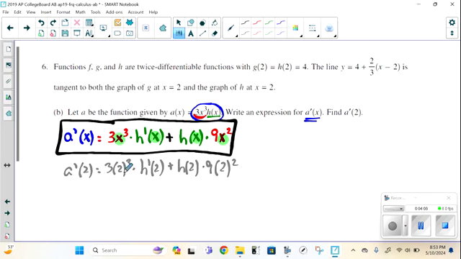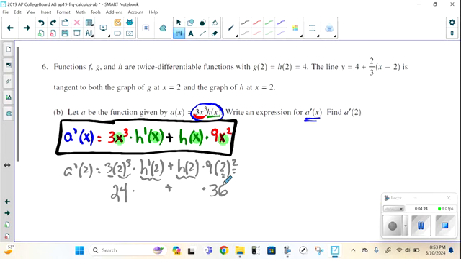Well, this is 8 times 3, 24, times, we'll leave h prime of 2 alone for a second. We'll leave h of 2 alone for a second. 2 squared is 4 times 9, 36.